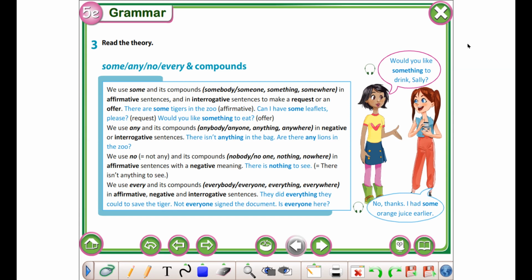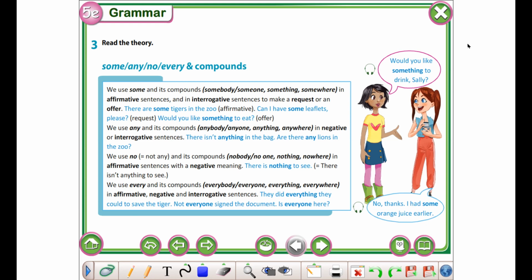We use no, equals not any, and its compounds nobody, no one, nothing, nowhere, in affirmative sentence with negative meaning. There is nothing to see, because there isn't anything to see.